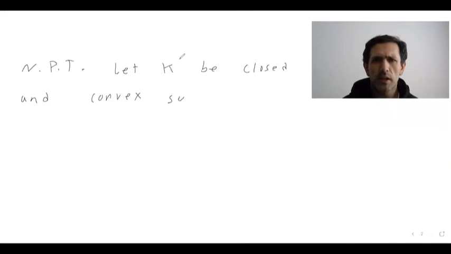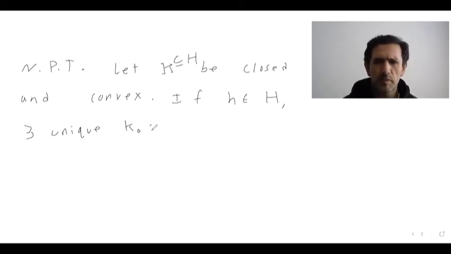So let's say H is a Hilbert space and K is a closed and convex subset of my Hilbert space. So given any h in big H, there exists a unique k0 in big K.